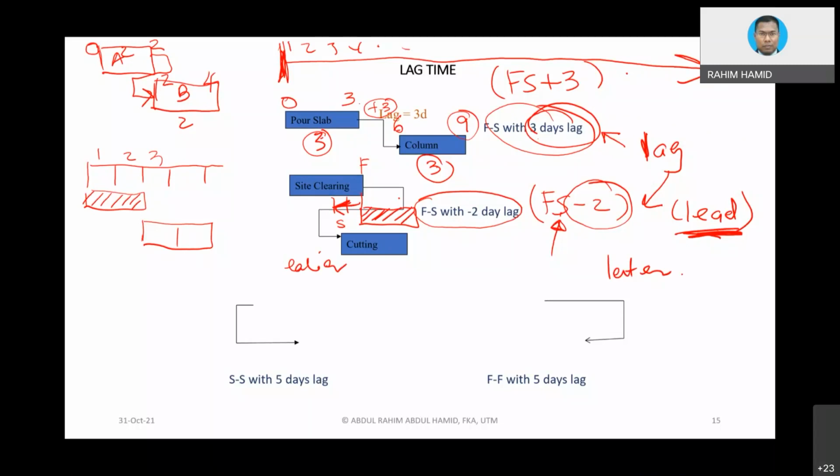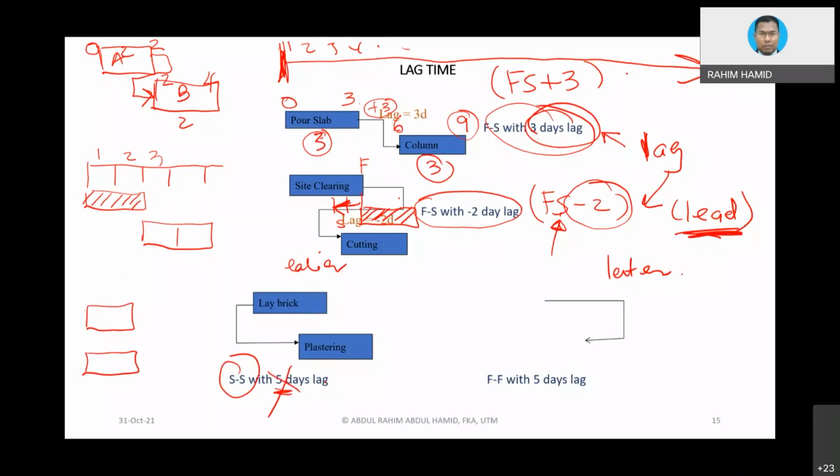All right, now start to start. Start to start with 5-day lag. So if, for instance, without this thing, how are we going to draw? If, for instance, start to start without the lag.